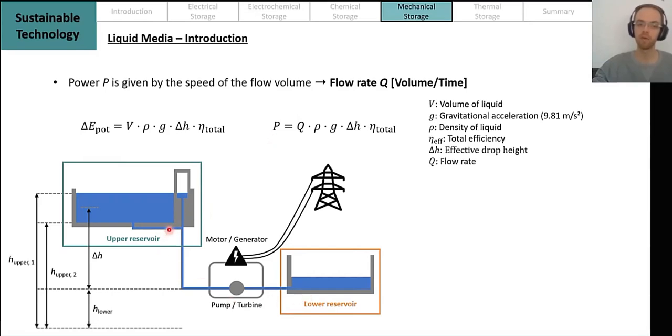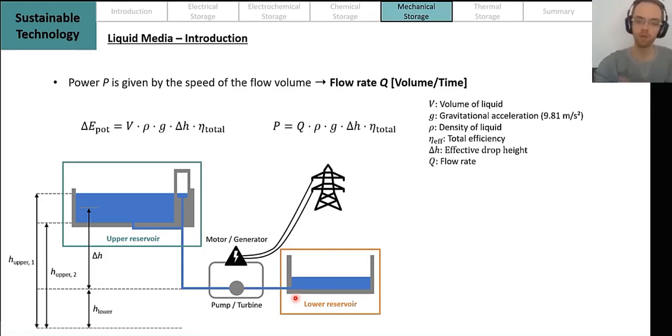So if our upper reservoir is doubled and we can still empty it in the same time, our power doesn't change. However, if we have our upper reservoir at a fixed size and we double the size of the pipe which is going to the lower reservoir, then you can empty the upper reservoir twice as fast as before.